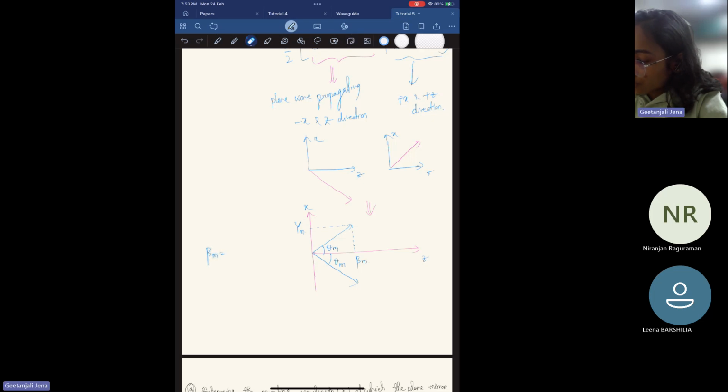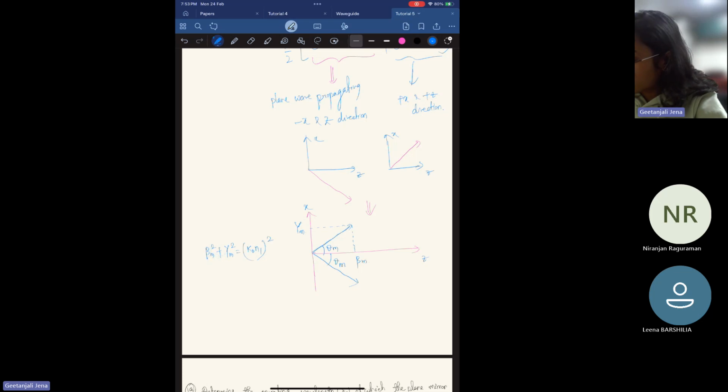So if you square it, beta m square plus gamma m square will give k0 n1 square, right?